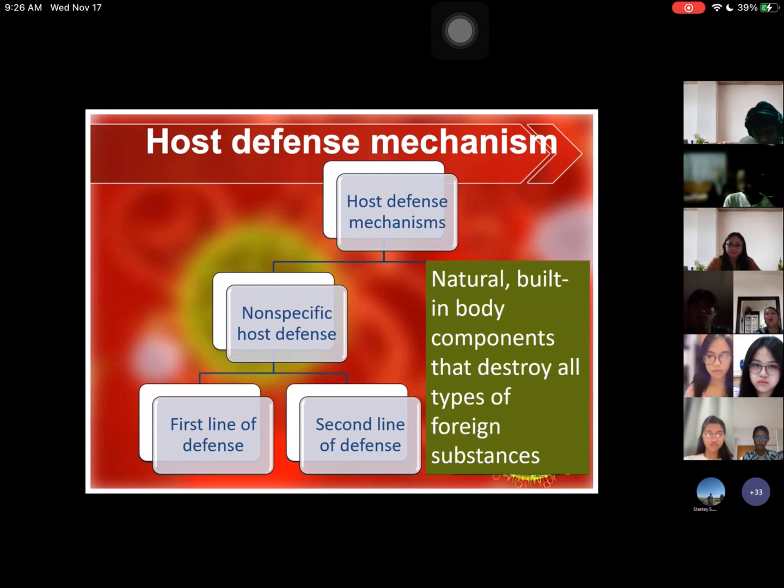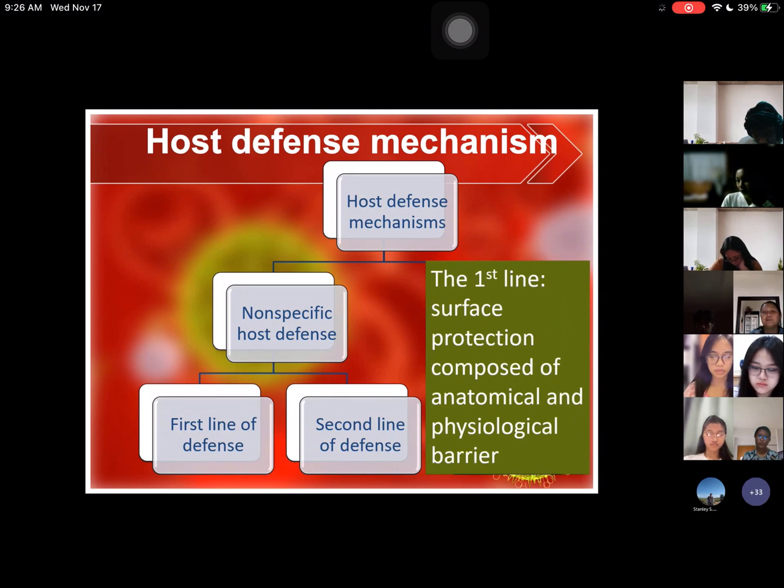Our non-specific host defense, or our first and second lines of defense, is actually the natural or built-in body components that destroy all types of foreign substances. So it's a built-in defense. It's natural.